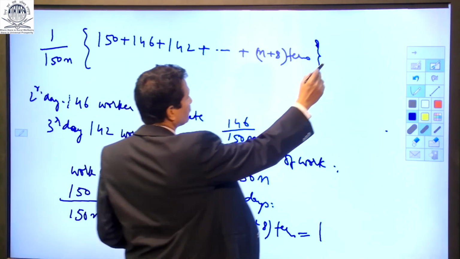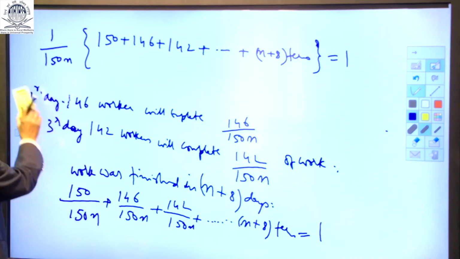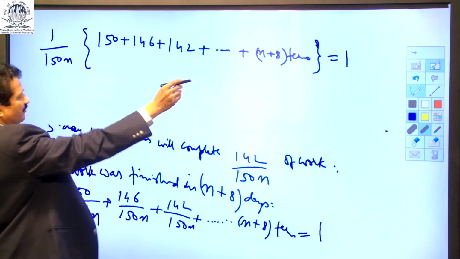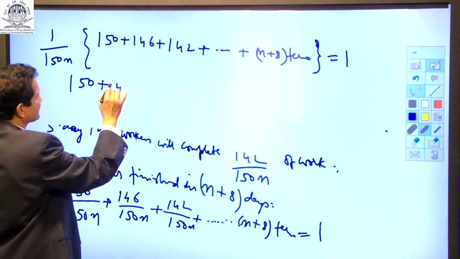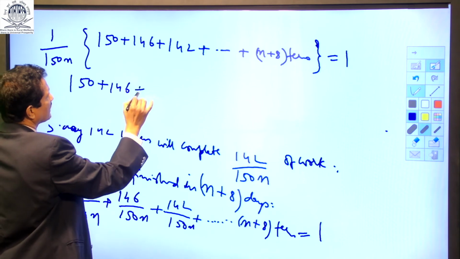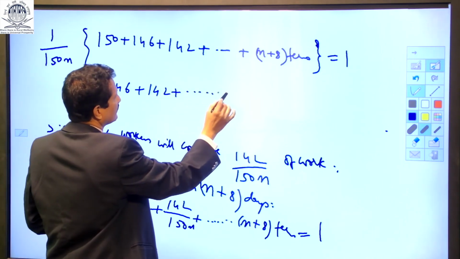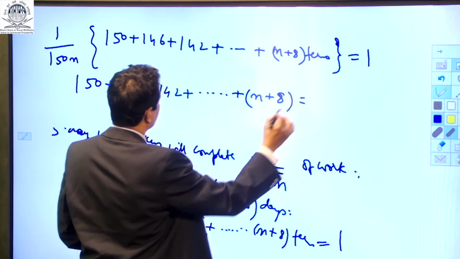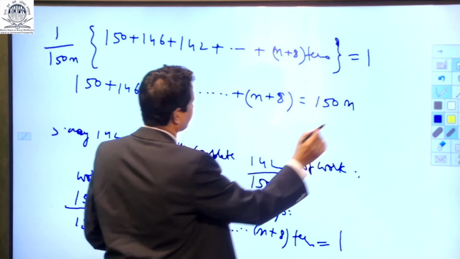This is equal to 1. So, when I transpose this 150n to the other side, I have 150 plus 146 plus 142 and so on till n plus 8 terms is equal to 150n.